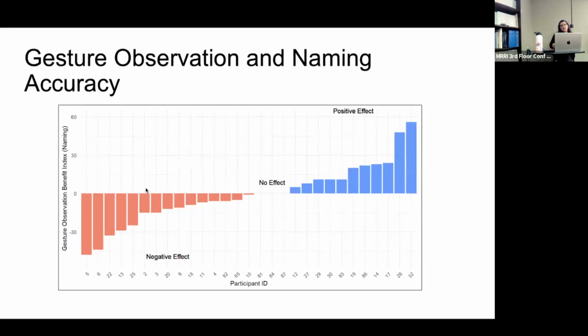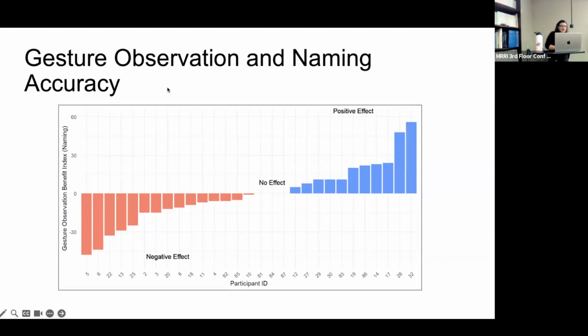So given that we expected the benefit of observing meaningful gestures to vary across individuals with aphasia, we decided to break that down by individual. So the x-axis represents individual participant IDs. And then we created a gesture observation benefit index, which is just a comparison of naming accuracy across the conditions where they observed the meaningful co-speech gestures versus where they did not observe those gestures.